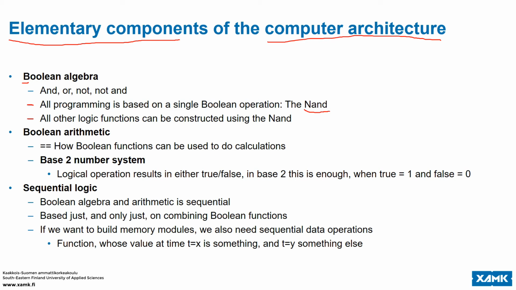All other logic functions can be constructed using the NAND, and this is why the NAND is the elementary building block of a computer. Given that we have a NAND circuit, we can construct everything else from the bottom up. If we were handed a NAND circuit, we would be able to build a modern computer.